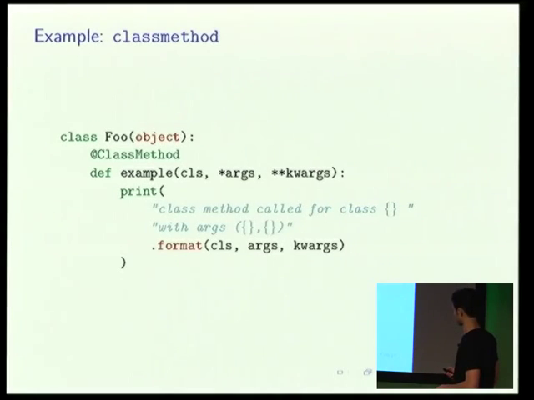So we have a Foo class here, and we use the classmethod descriptor we just defined with the decorator syntax. And in this case, it's just an example, so we're going to say, hey, we call the class method. Okay, great. So that's just another example of a different kind of descriptor you can define and how you would use it.